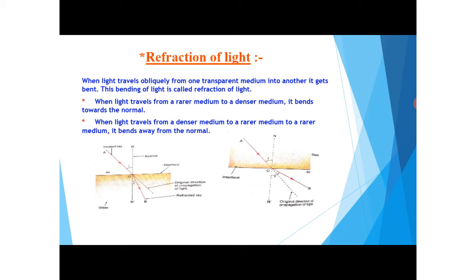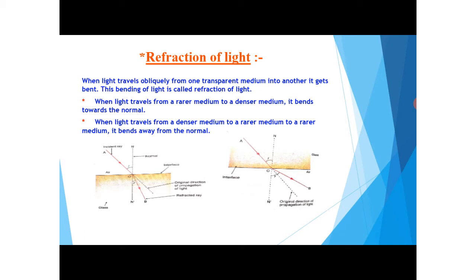The dotted line again represents the original direction of the light, but the light is refracted in the form of OB, and you can see that OB is going away from the normal NN'. So in this case the bending is away from the normal. These are the two cases: when the light ray goes from rarer to denser, and when it goes from denser to rarer.